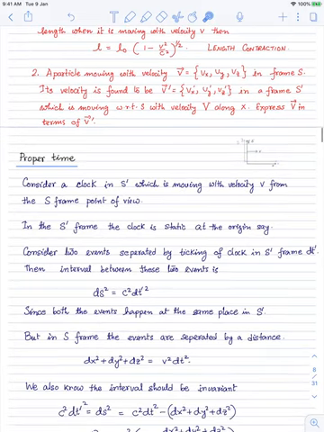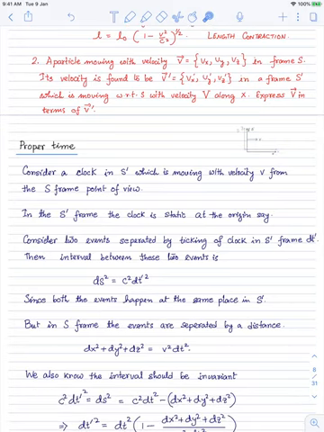Now in the S prime frame, the clock is static, and therefore it has a given location. Because it is at the same location, dx prime for the clock is equal to 0 in the S prime frame.